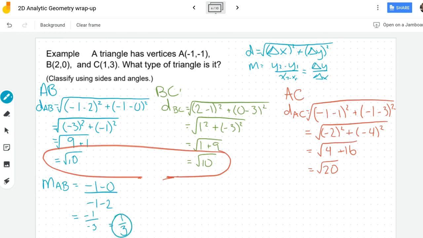You'll notice that this is the same as this. Maybe I'll use a different color. This is the same as this. This is the same as this. And we want that to happen.